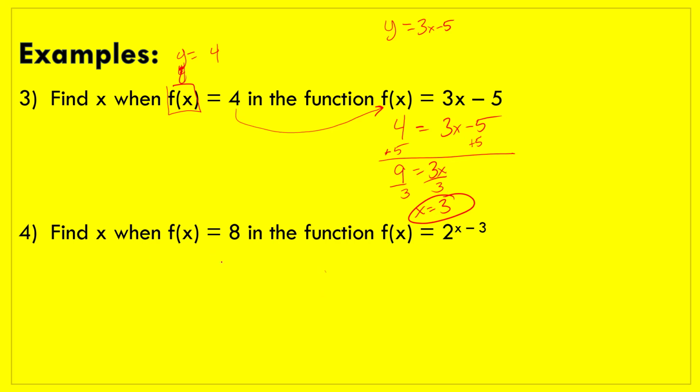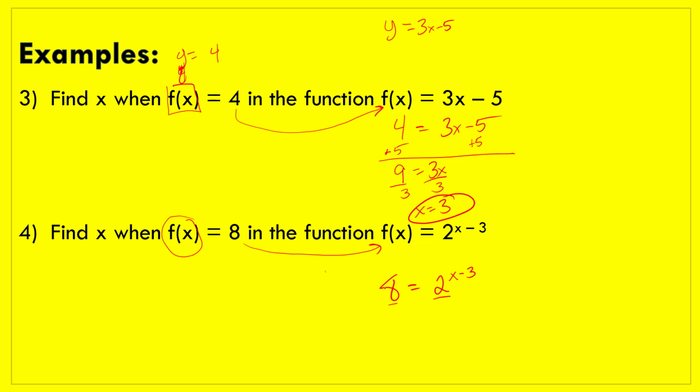All right, we can do the same thing in our next equation. f of x is equal to 8. So we're going to take the 8 and plug it into our notation. 8 is equal to 2 to the x minus 3. Now, it has been a while since we have done a problem like this. In order to be able to solve this, we need to have like bases.